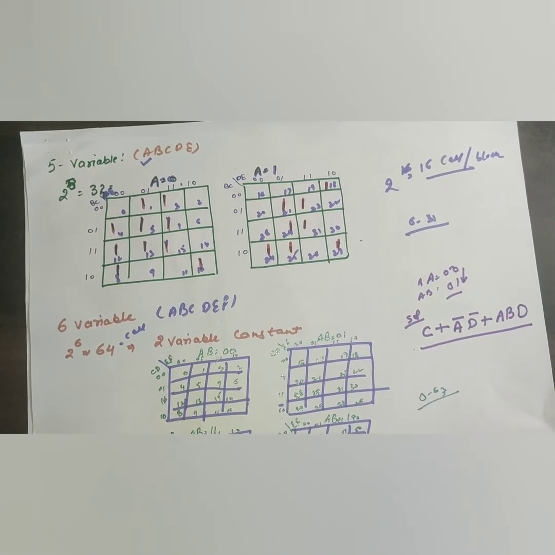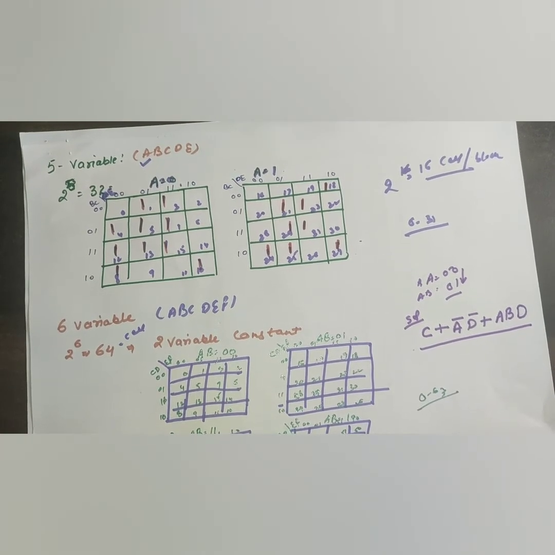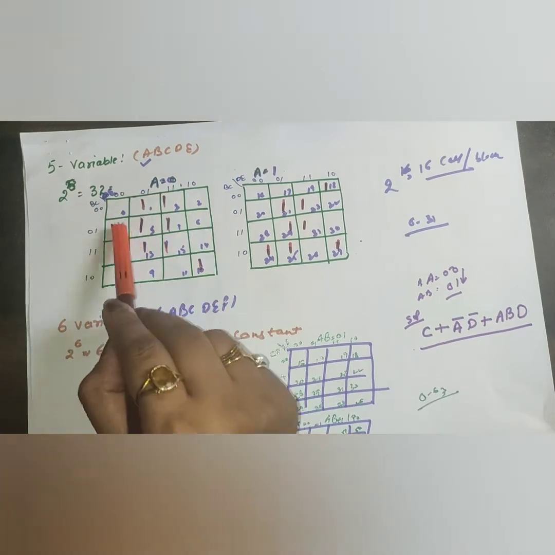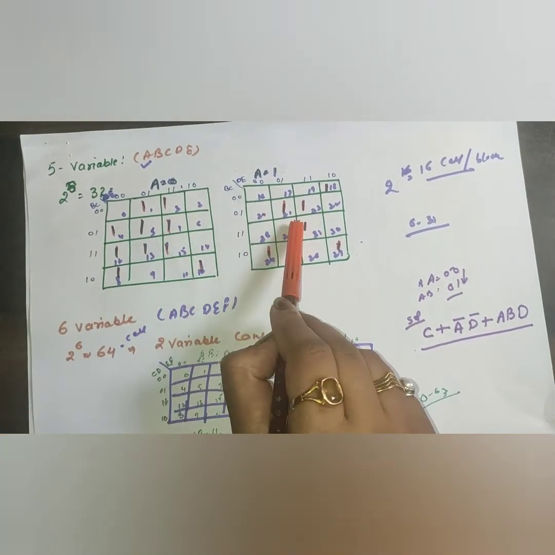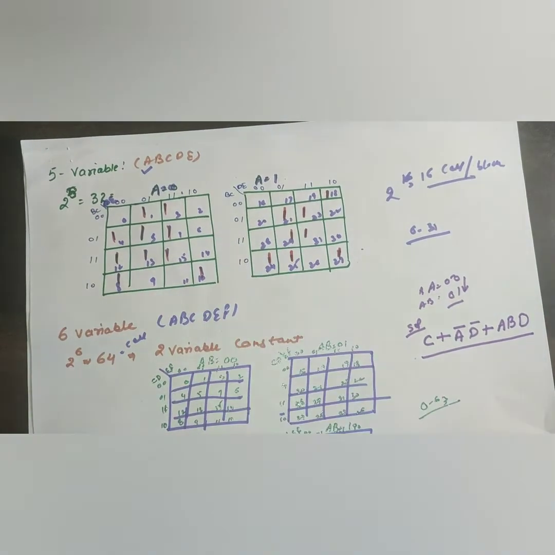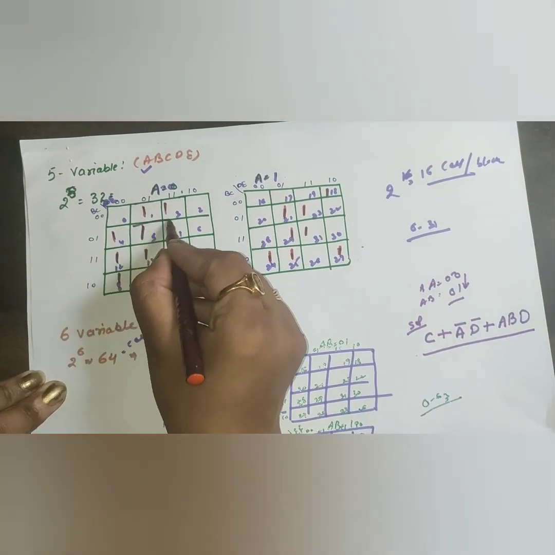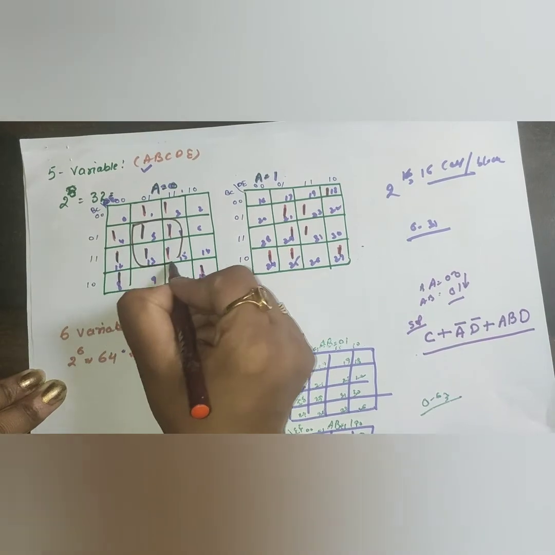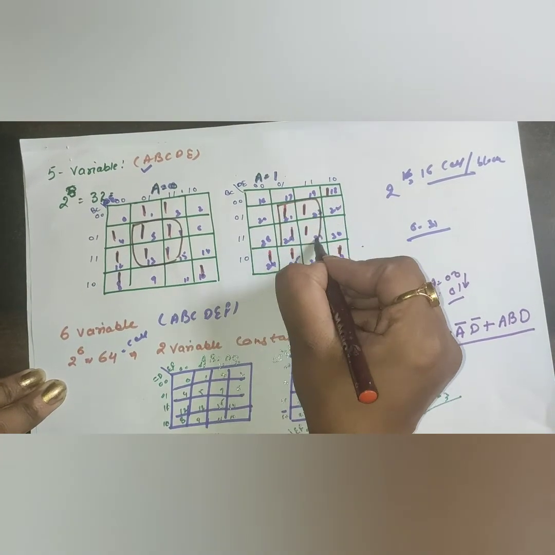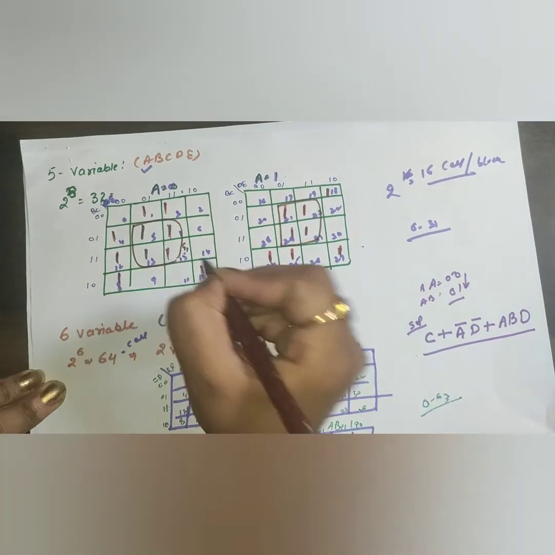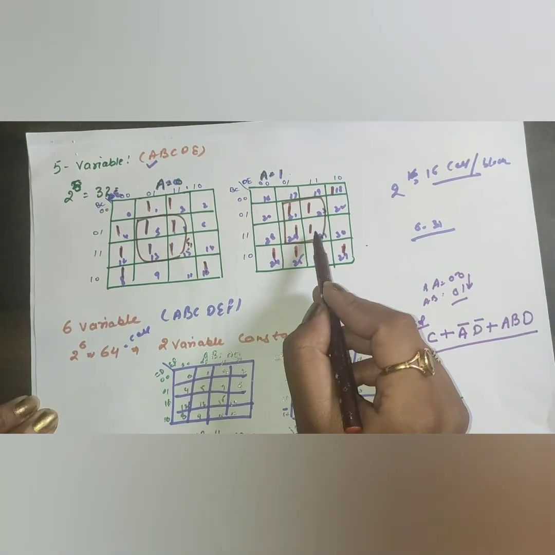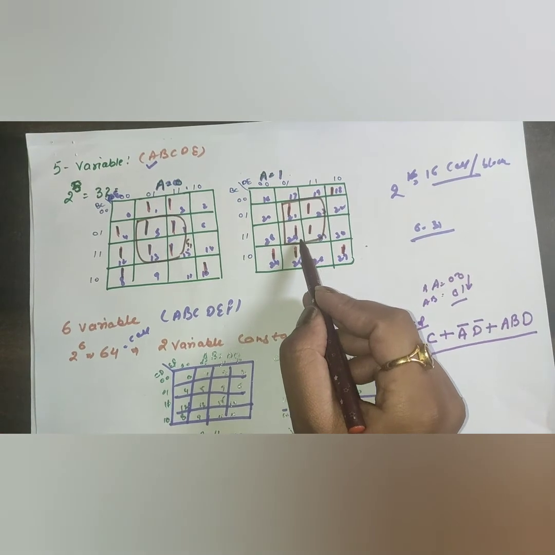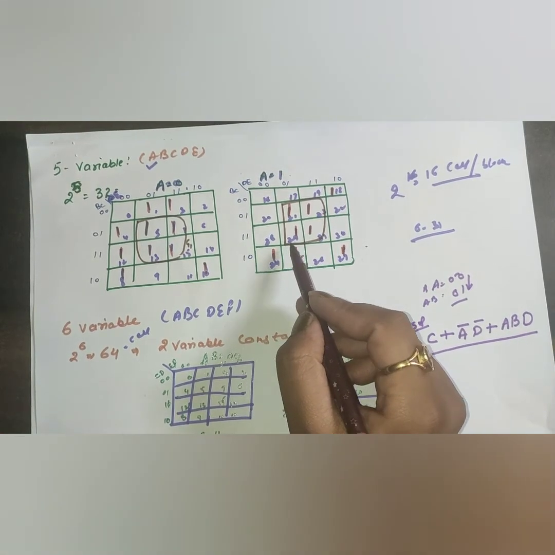Now first you can check the maximum number of grouping. So this is 4, okay, and this is 4. You can check this and this 4. So you can make this and this grouping. This is G1, group 1, of 8, because you will consider the maximum number of ones in a group.